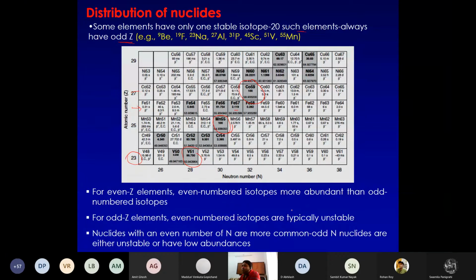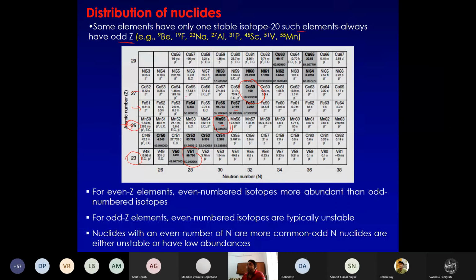For example, manganese is an odd atomic number element, atomic number 25. Only one isotope is stable, with odd mass number 55, 100% abundance. None of the even mass number isotopes are stable.